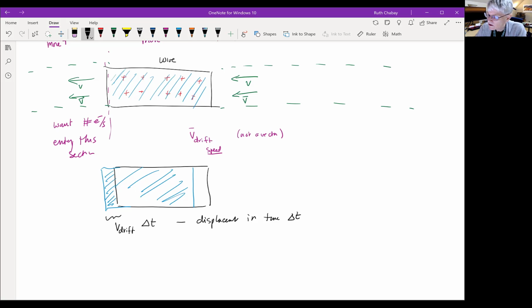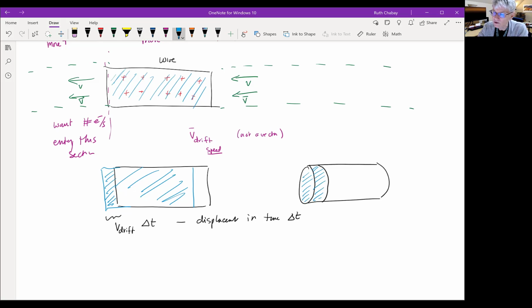So what we really got is something like a cylinder here. And so this distance, it's the electrons that were in this cylinder. They've all moved over a distance v delta t. So it's the electrons in this little disk that we're interested in.